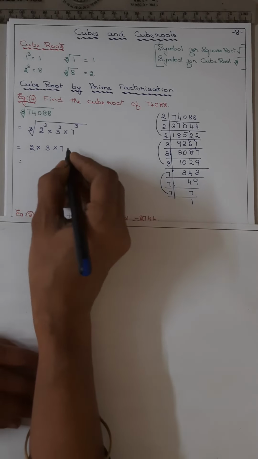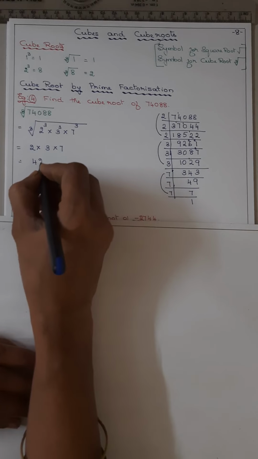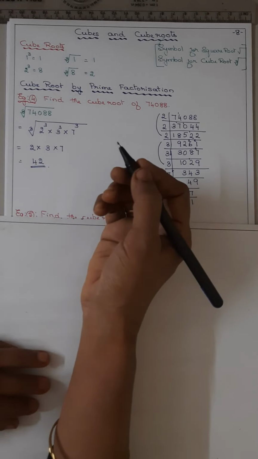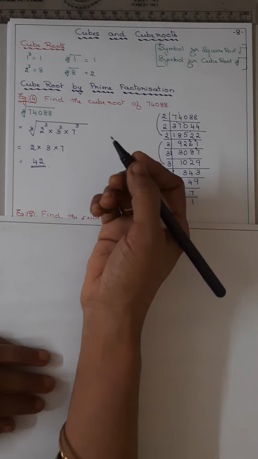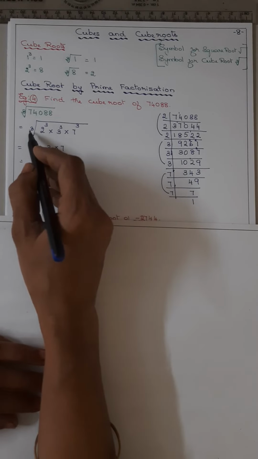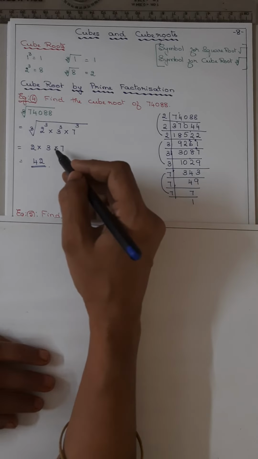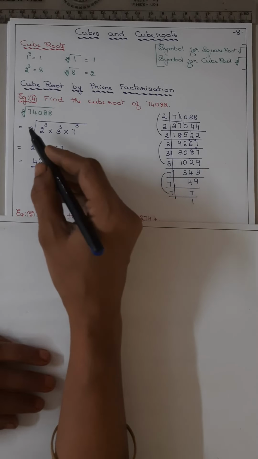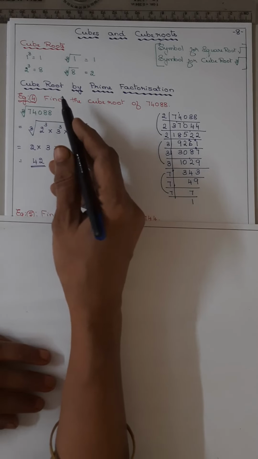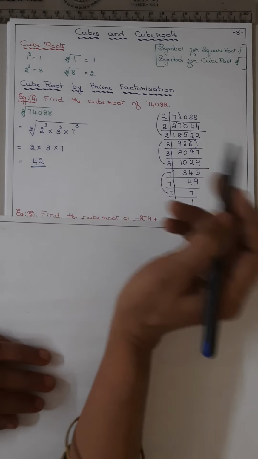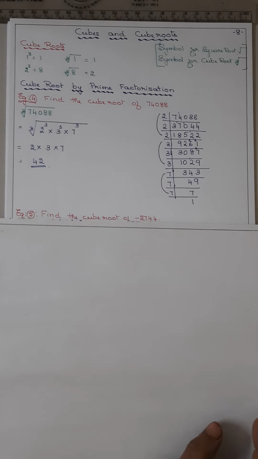Multiply: 2 3s are 6, 6 7s are 42. Understood? So put the cube root symbol and inside write 2 cube, 3 cube, 7 cube. Next step, remove the cube root symbol and cube, write only the bases and multiply.